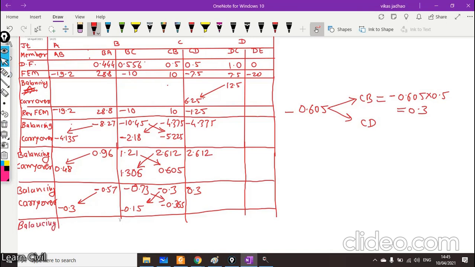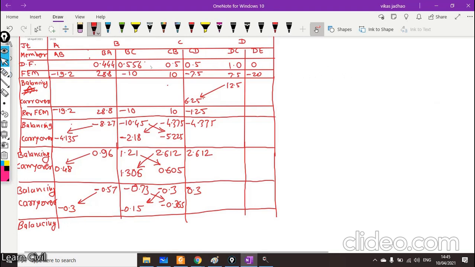Okay, so this minus 0.15 will be shared by BA and BC, and 0.15 is the balancing moment. BA will be sharing 0.15 into distribution factor of 0.444.